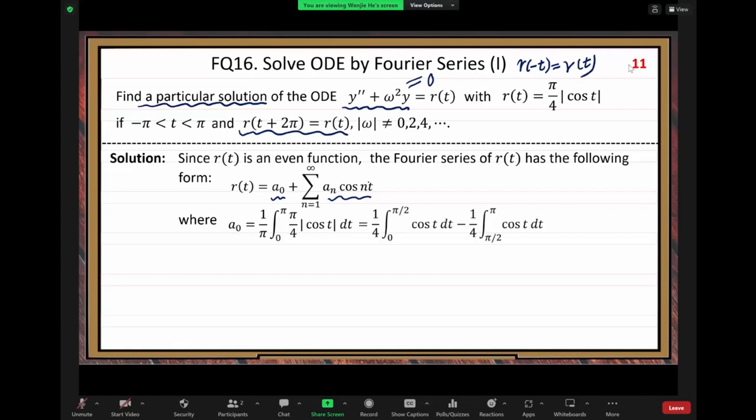So let's calculate the integral in this way, because we need to remove the absolute value. Here, in order to remove absolute value, we need to divide the original interval into 2 parts. Between 0 and pi over 2, so here, the cosine function, we know, the graph is like this.